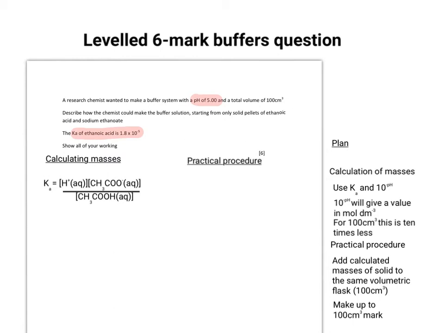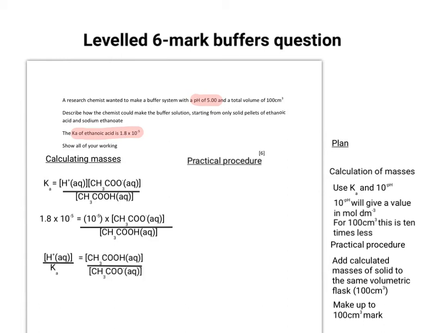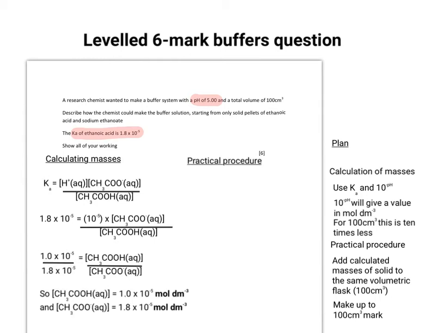I've identified them. If I insert those numbers in, with a little bit of rearrangement we end up with the buffer ratio. H plus we know, Ka we know, so we can put those numbers in. That shows us those are the equivalent concentrations. If we divide one number by the other, we can get the ratio.